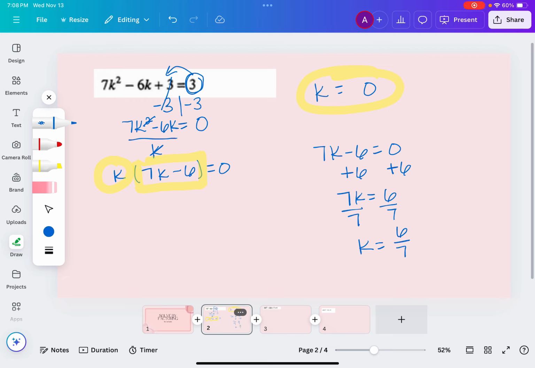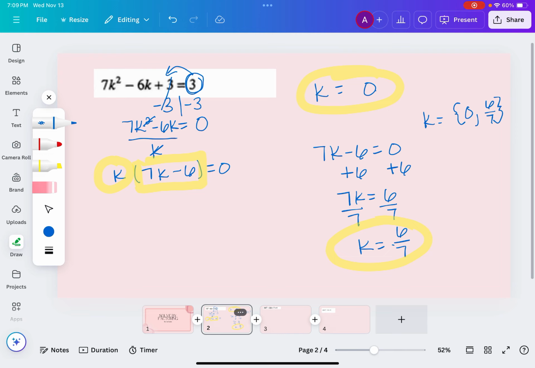Okay. And remember, you can check yourself by graphing the original problem in Desmos or a regular graphing calculator and seeing, okay, does it cross the x-axis at 0 and 6 over 7? Yes, it does, so we're good to go. The way I write my answer is actually going to be k equals squiggle bracket 0, 6/7, because it's least to greatest.